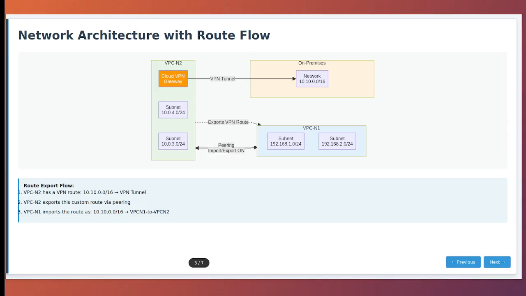The imported route in VPC-N1's table shows the destination as 10.10.0.0/16, but the next hop is not the VPN tunnel, as VPC-N1 doesn't have direct access to it. Instead, the next hop is the peering connection, VPC-N1 to VPC-N2. This tells VPC-N1 to send traffic destined for the on-premises network to VPC-N2, which will then forward it through the VPN.